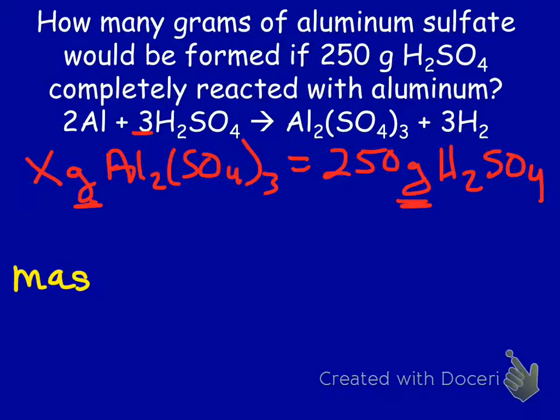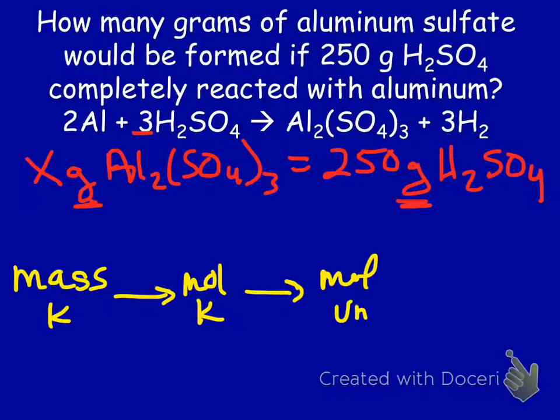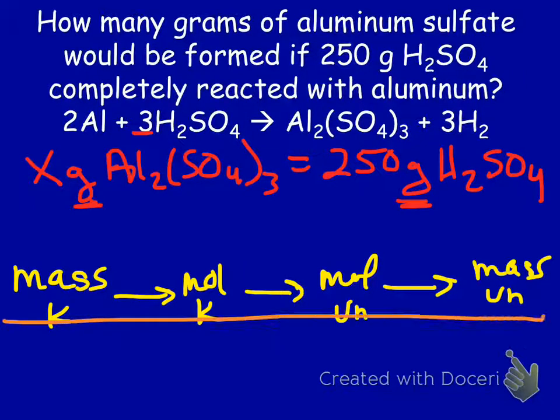So mass known, mole known, mole unknown, mass unknown. So I'm going to set up that grid, the whole thing here, and I'm just going to follow the map and plug my numbers in.